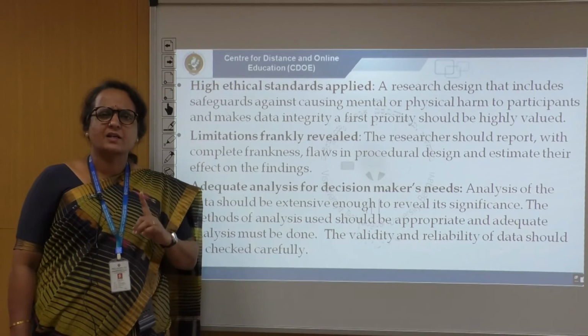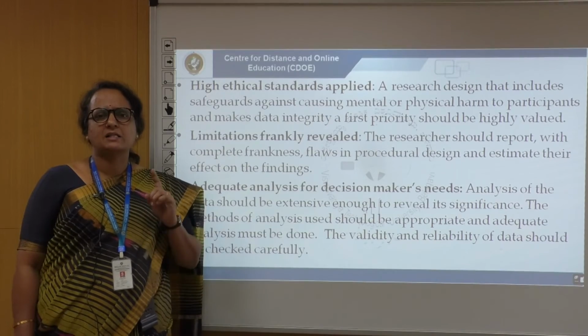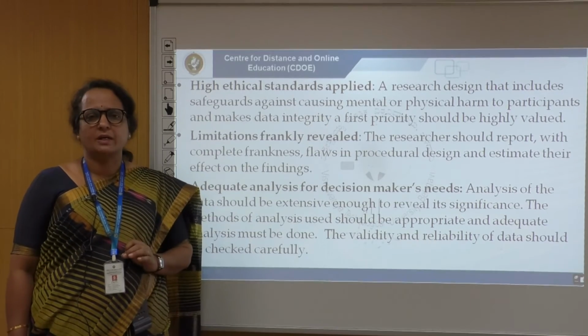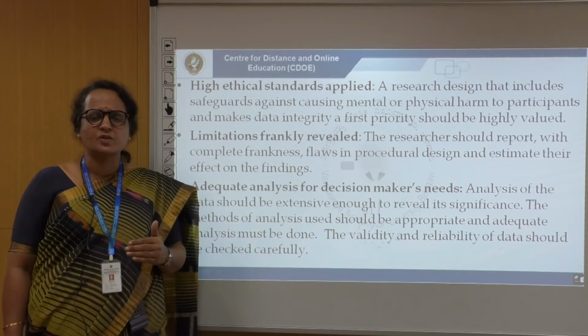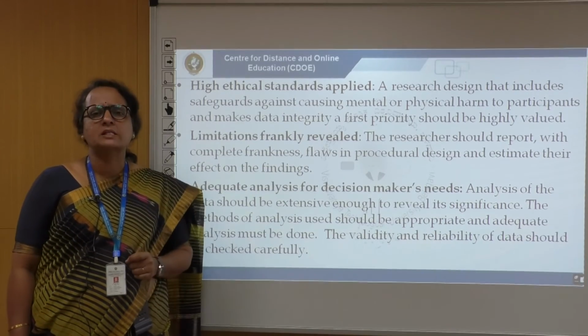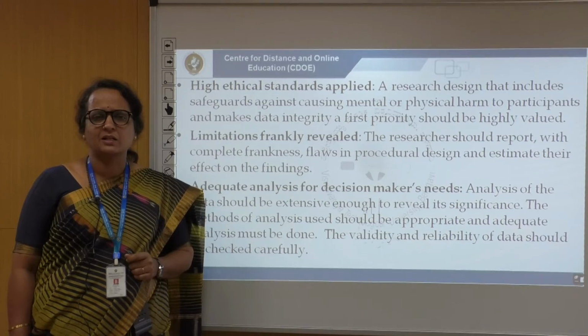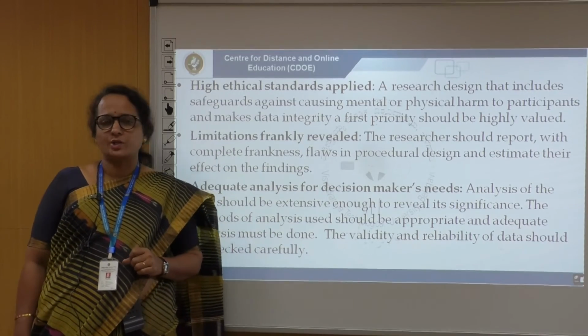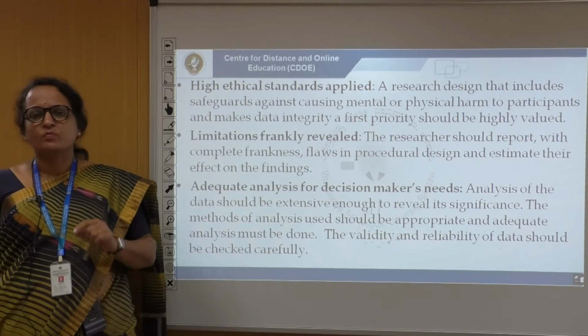So the researcher is considering only one factor. He has left the other two factors. That must be very clearly specified in the limitations, and further researchers can see how to overcome these limitations or restrictions when they conduct a similar type of study. So that is what is called limitations must be frankly revealed.